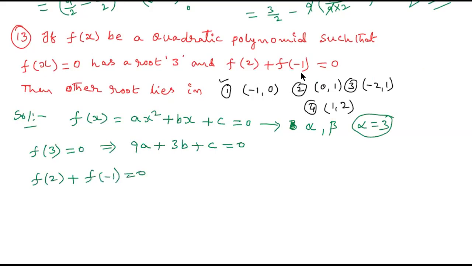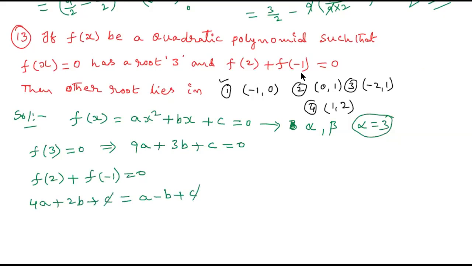In that function, substitute f of 2, that means in place of x, 2, we get 4a plus 2b plus c, that is equal to a minus b plus c. See here, c and c are going to cancel. Now what is the remaining?